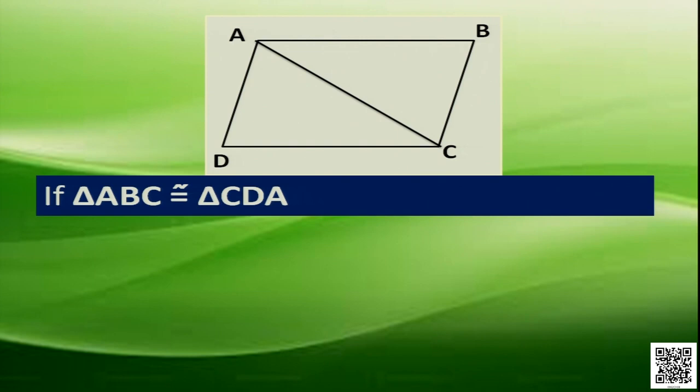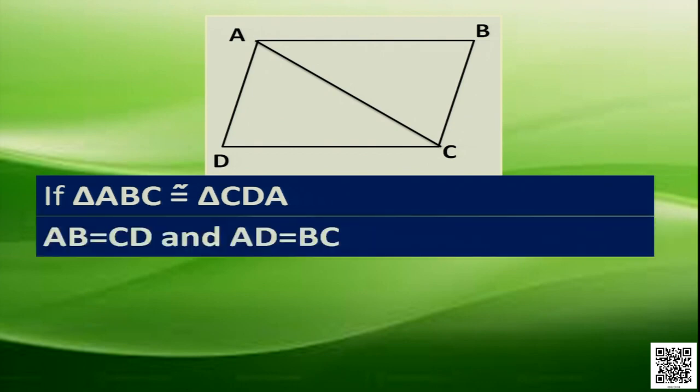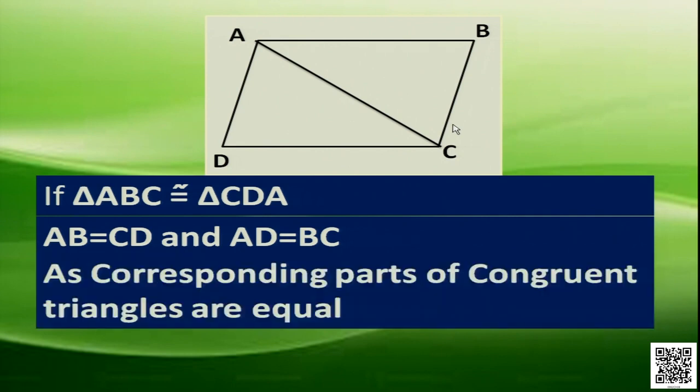In triangle ABC and triangle CDA, as they are congruent, we have side AB equal to side CD, and side AD equal to side BC. So, these are the corresponding parts of congruent triangles. So, they are equal. Now, from this statement, we conclude something. What do we conclude?